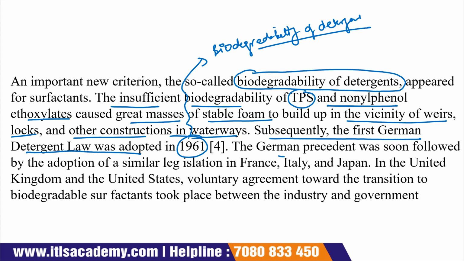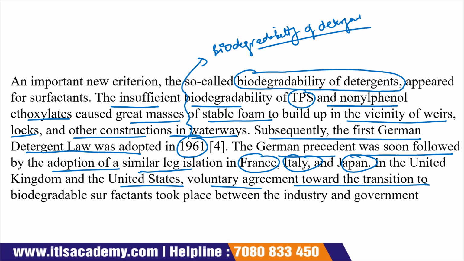The German precedent was soon followed by the adoption of similar legislation in France, Italy, and Japan. But in the United Kingdom and the United States, a voluntary agreement towards the transition to biodegradable surfactants took place between the industry and the government.